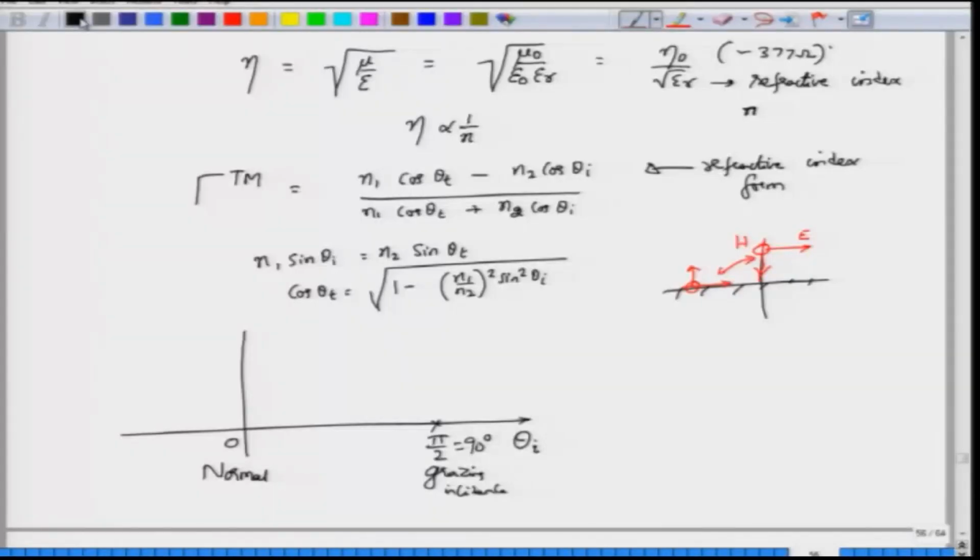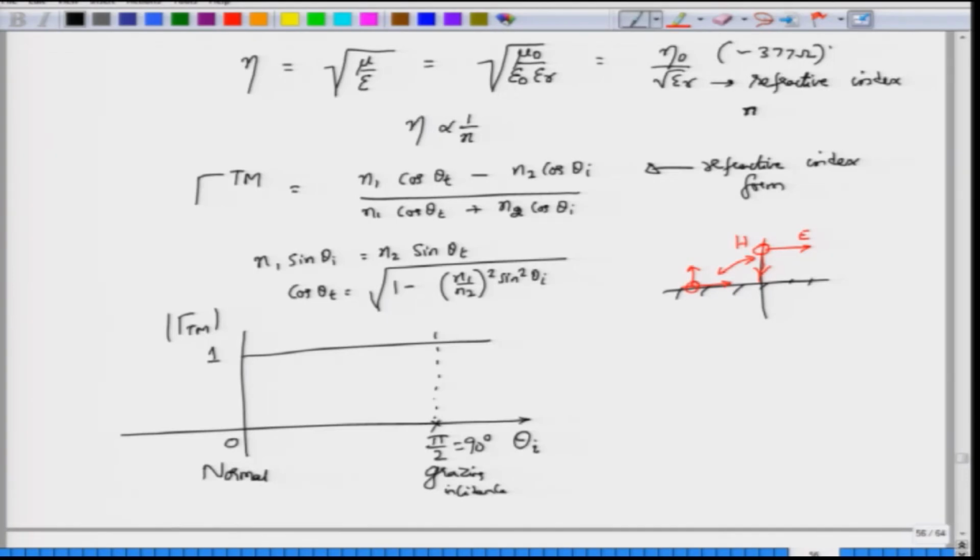So, this is the range over which the angle theta I can vary, from 0 to 90 degrees, and if I plot the magnitude of the reflection coefficient, which is what I am interested in, for a lossless material having no active gain medium, the maximum reflection coefficient value will be equal to 1.